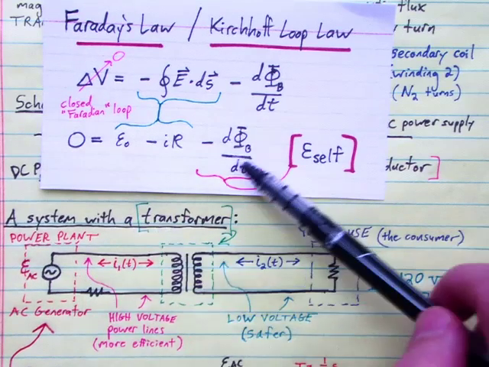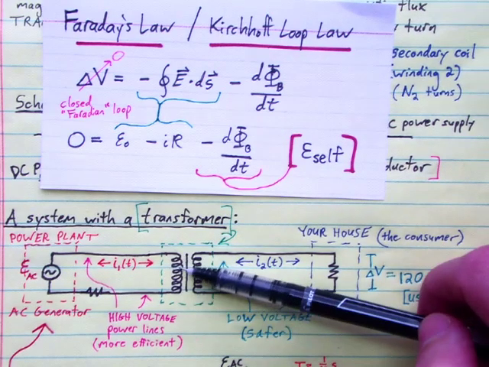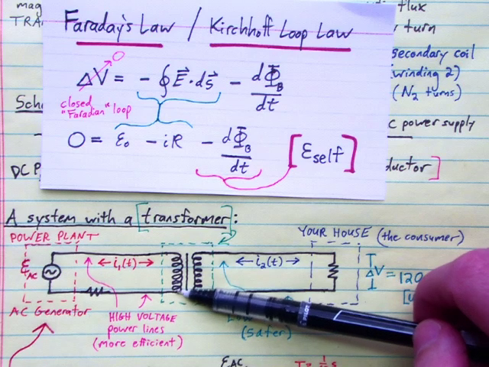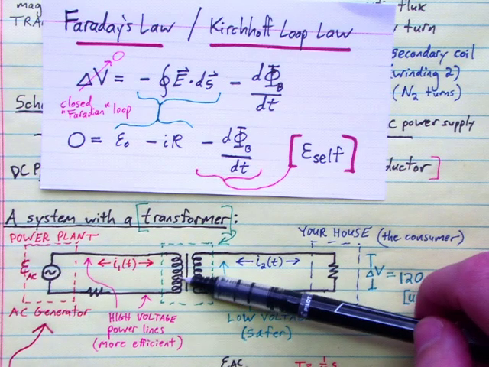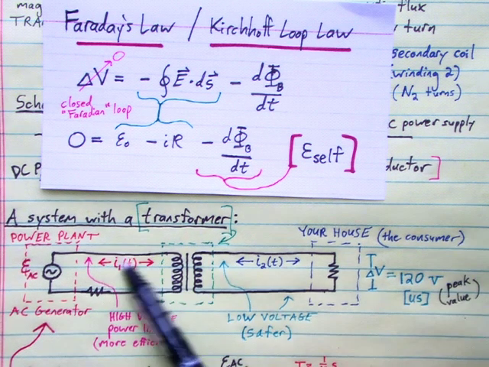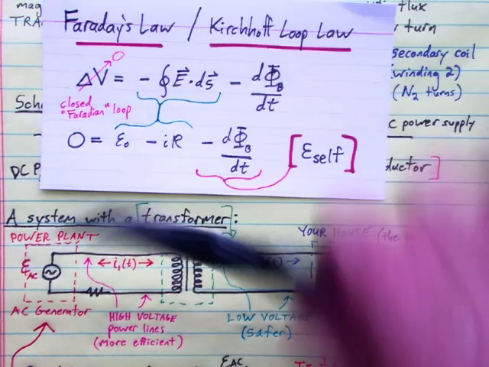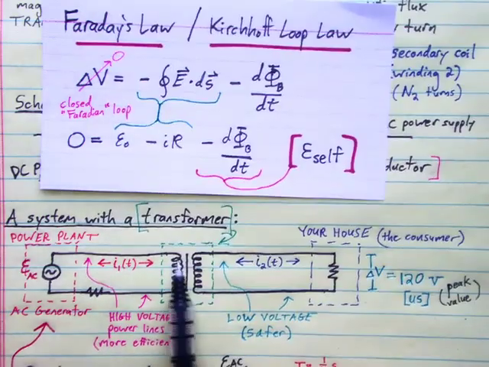And then the changing flux is going to be occurring mostly here. The changing magnetic flux will be in our coil, where you've got a strong magnetic field that will be continuously changing because of our alternating current. If I is continually changing direction, then the B field in this coil is continually flipping direction 60 times a second.